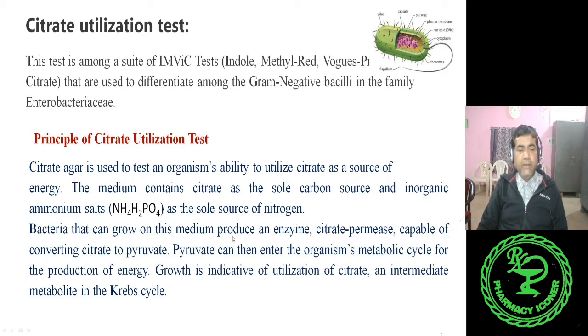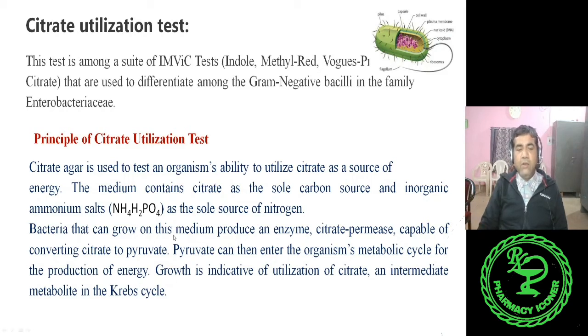Then those microorganisms which can survive in that media will respond to this test. So the bacteria can grow in this media, with citrate as the sole carbon source and ammonium salt as the nitrogen source.